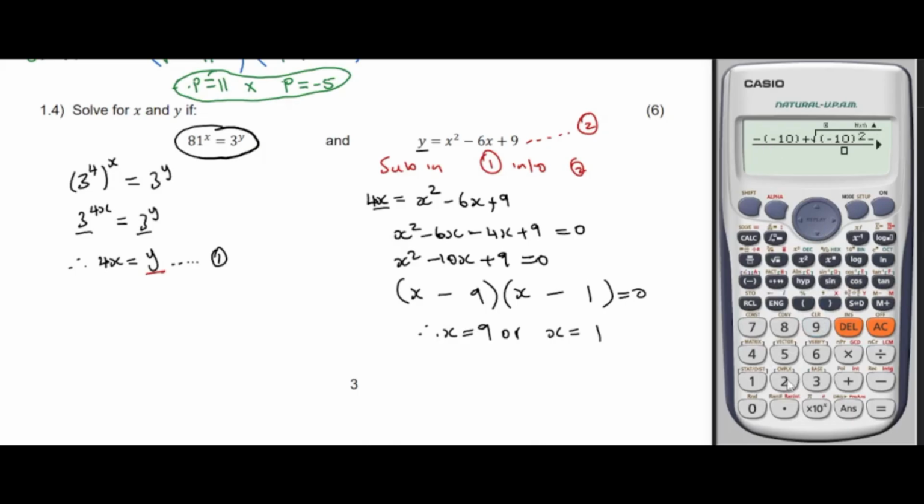Then everything divided by 2 into 1. Then when I punch this, I got 9. So to find 9, I need to say inside the bracket the 9 is negative. Then you go back and substitute that as negative, and you should get 1. To find 1, we need to put the 1 as negative inside the bracket.